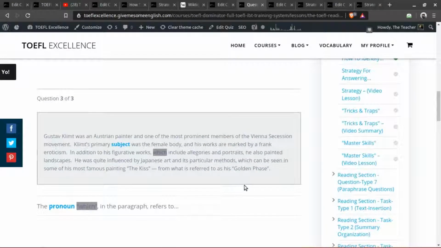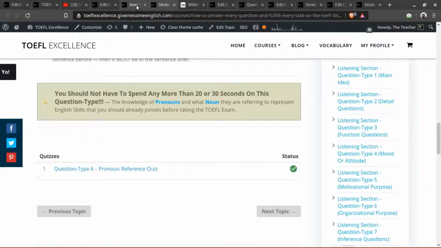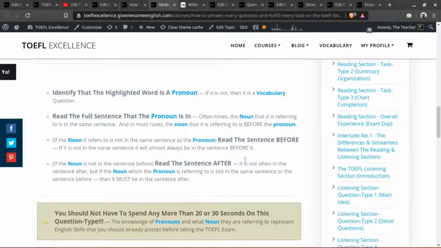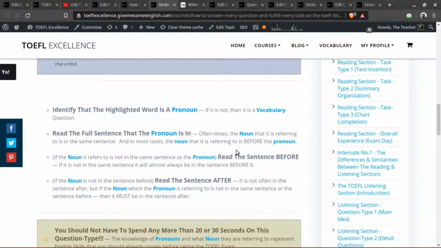So, as you can see, the pronoun reference questions are actually very simple. And at the point that you are with your English skills, where you'll be actually taking the TOEFL exam, the answers to this question type should be almost automatic. You should just know them almost instantly without even having to really think about them.